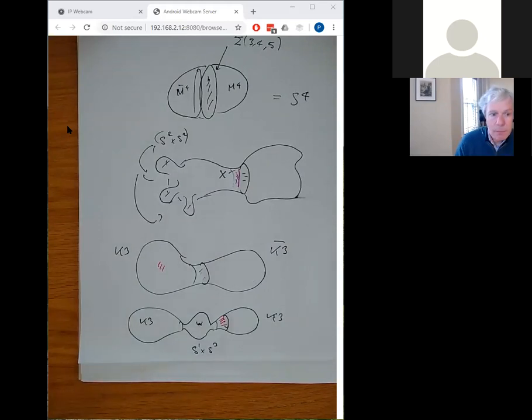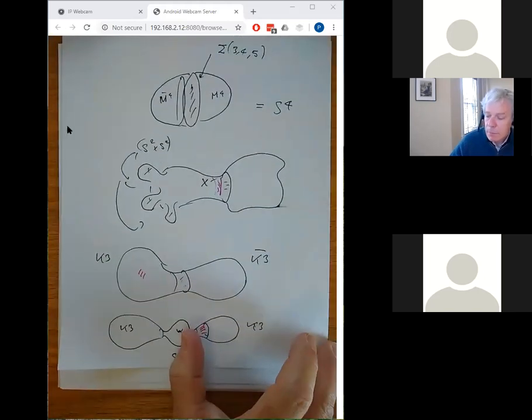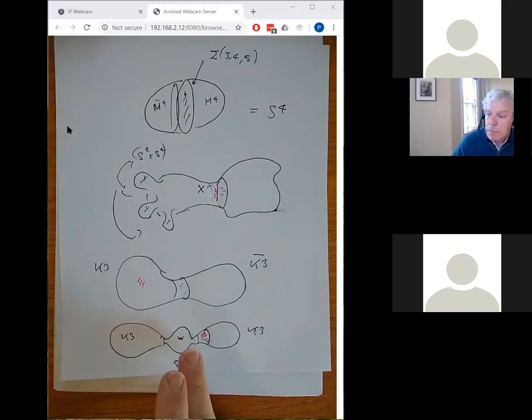Peter, I have a question. Yep. Hi. So you mentioned these Watanabe classes. Do you think it's possible to use some of these Seiberg-Witten invariants to actually detect those exotic elements?